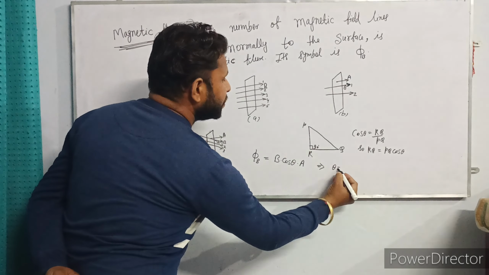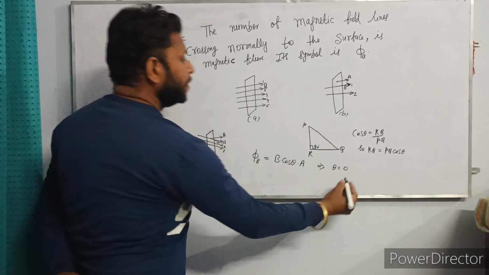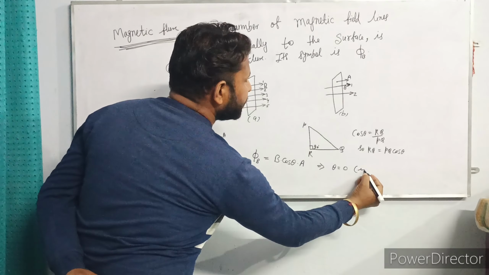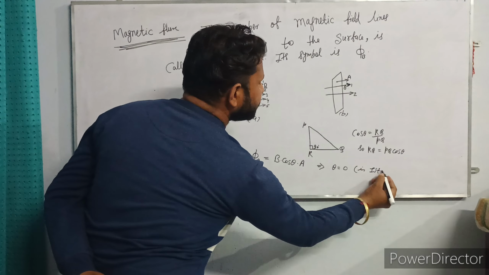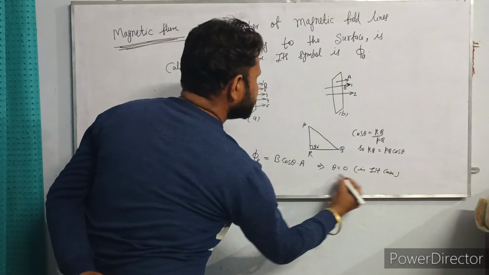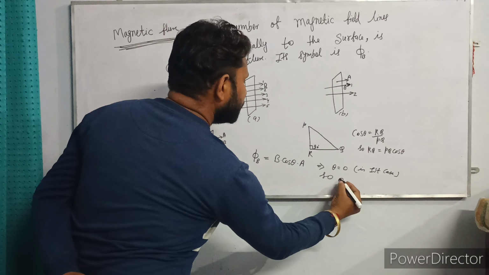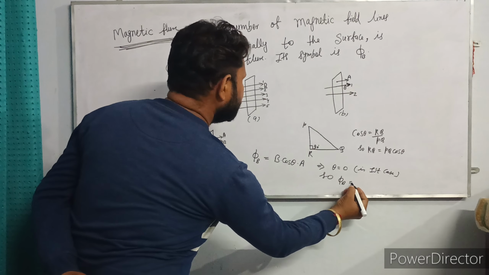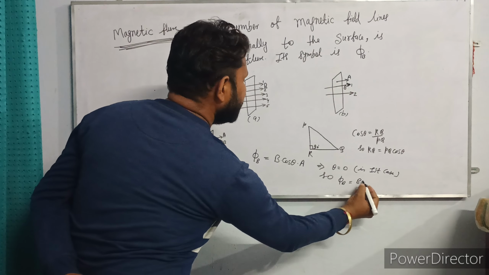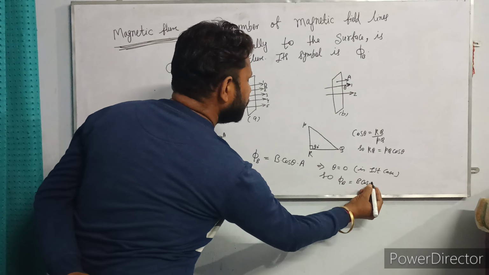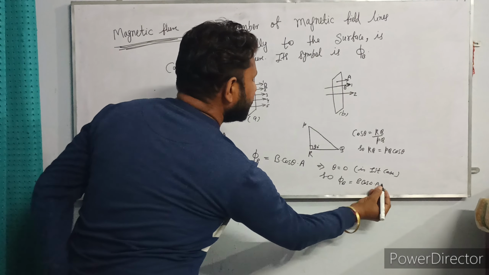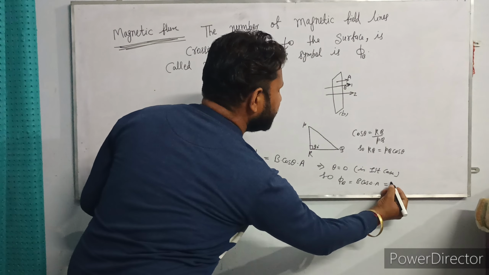Theta is 0 in the first case. So magnetic flux equals B cos 0 multiply A, equal to BA.